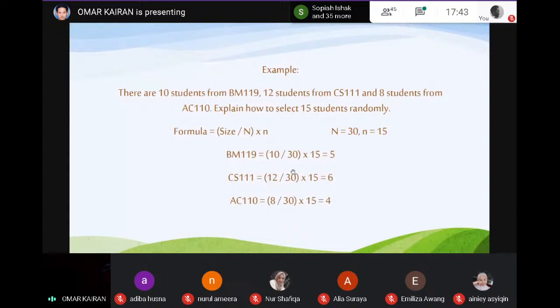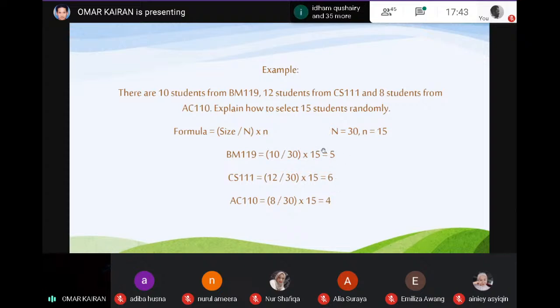Divide by 30, ni total up. Darab dengan 15, bilangan yang kita nak daripada keseluruhan. Daripada 30 tu kita nak 15 saja. So kita akan dapat ratio ataupun number of respondents for each of the groups. So ni 5, 6, 4.